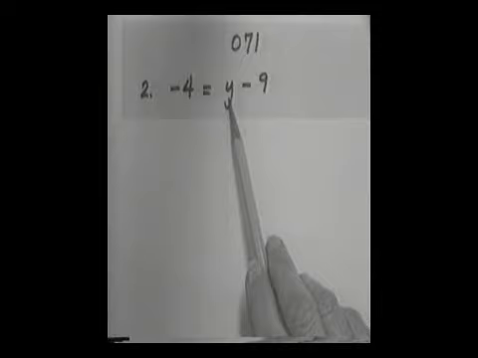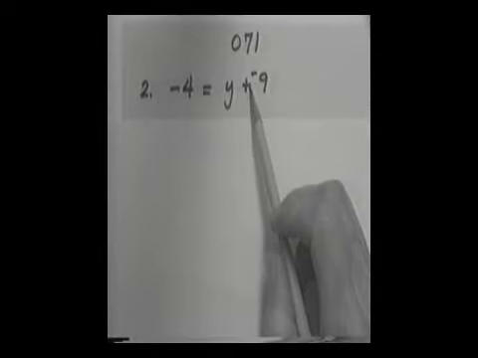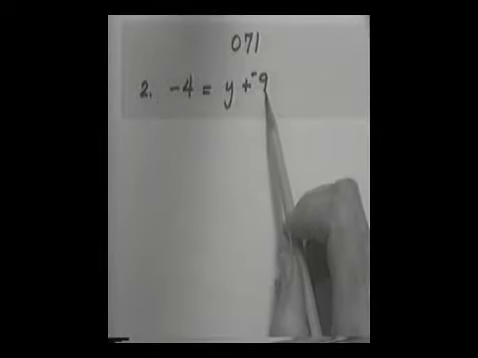It is not alone now. We have with the y a term, 9, being subtracted, which means we can write y plus negative 9. To eliminate a term that is added, we add its opposite. The opposite of negative 9 is positive 9, and so we'll add positive 9 to both sides of this equation.